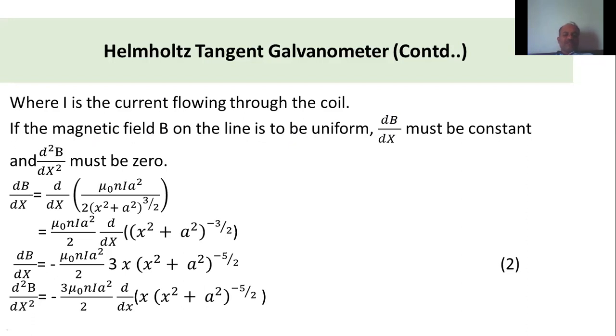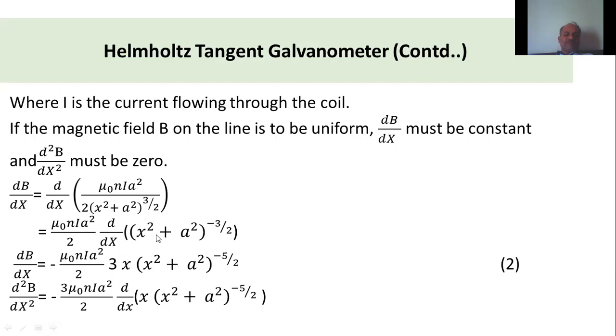So differentiating, dB/dx is equal to d/dx of μ0 n I a² divided by 2 into (x² + a²) raised to 3/2. Here these are all constants, so the differential operator is kept here.